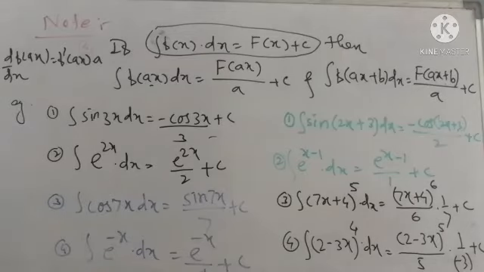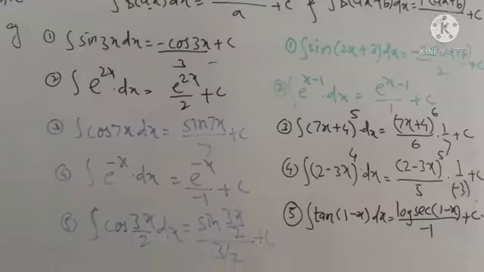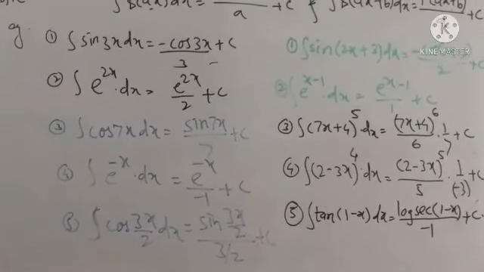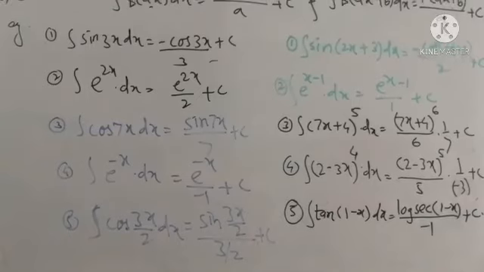Integration of e raised to minus x is e raised to minus x divided by minus 1, as the coefficient of x here is minus 1, plus c. And integration of cos of 3x plus 2 is sine of 3x plus 2 divided by 3 plus c.